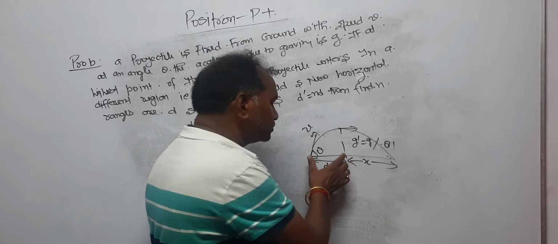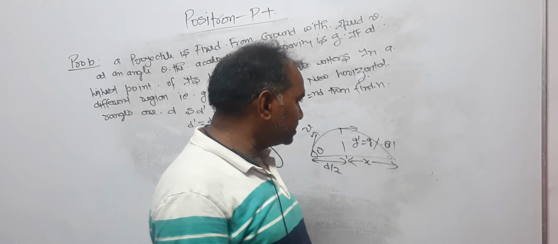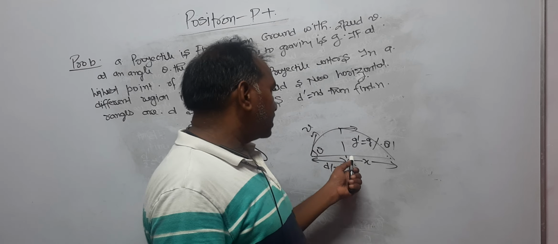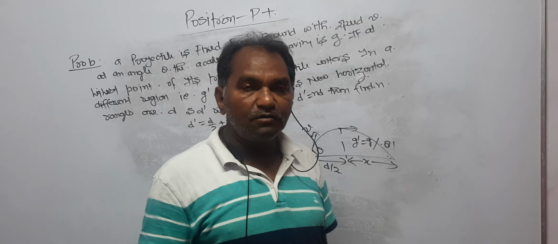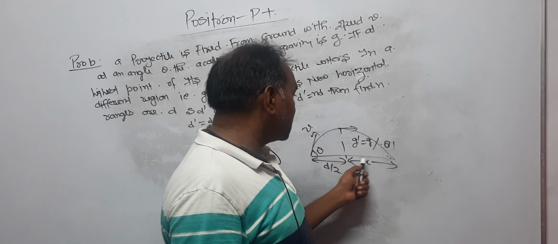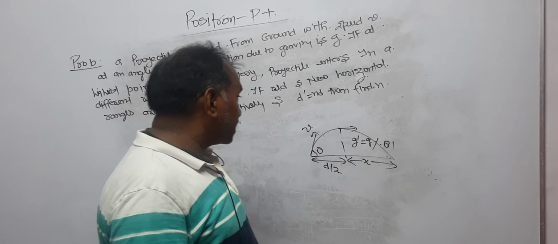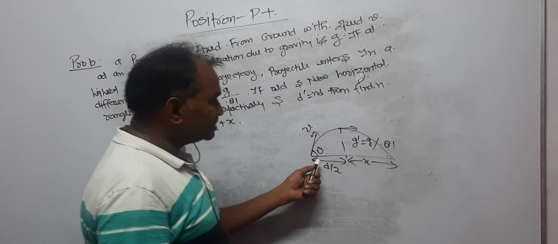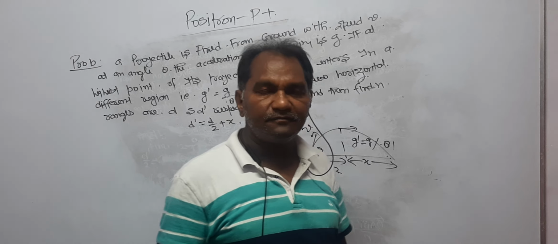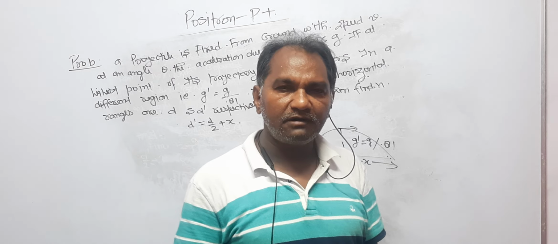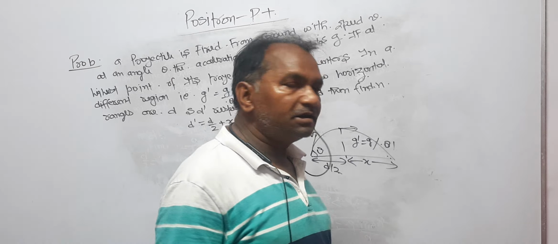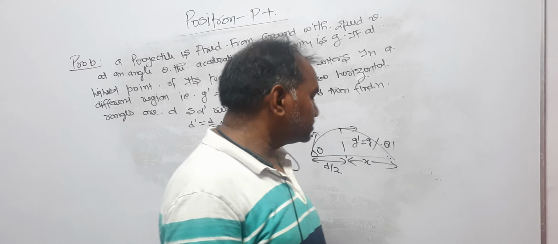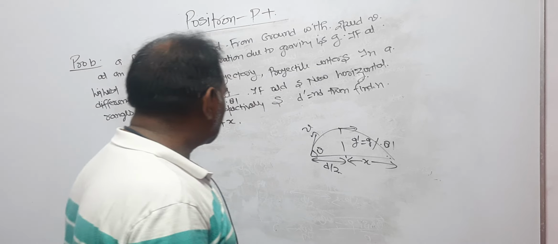So up to the half journey I have taken the range d by 2, and for the new part I have considered the range x, and the total new range is d dash, meaning d dash is equal to d by 2 plus x. If we are able to find the values of d by 2 and x, then it's easy to solve.